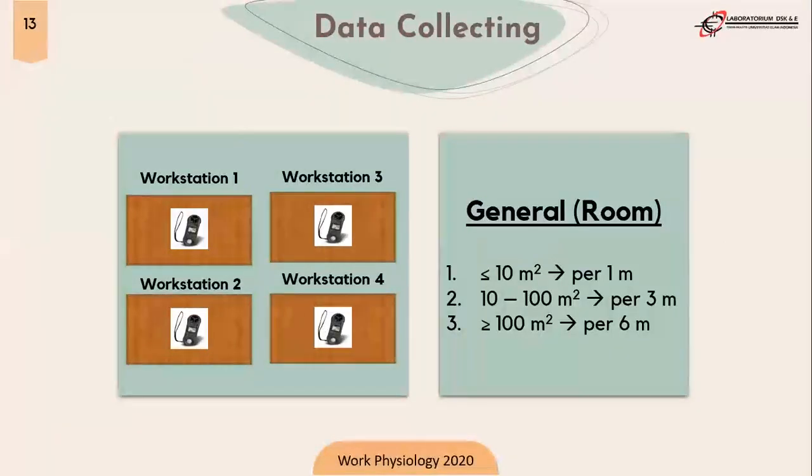If the area of the room is between 10.1 and 100 square meters, the intersection points are at a distance of every 3 meters. Then if the room's area is more than 100 square meters, the intersections along the length and the width of the room are at a distance of 6 meters.